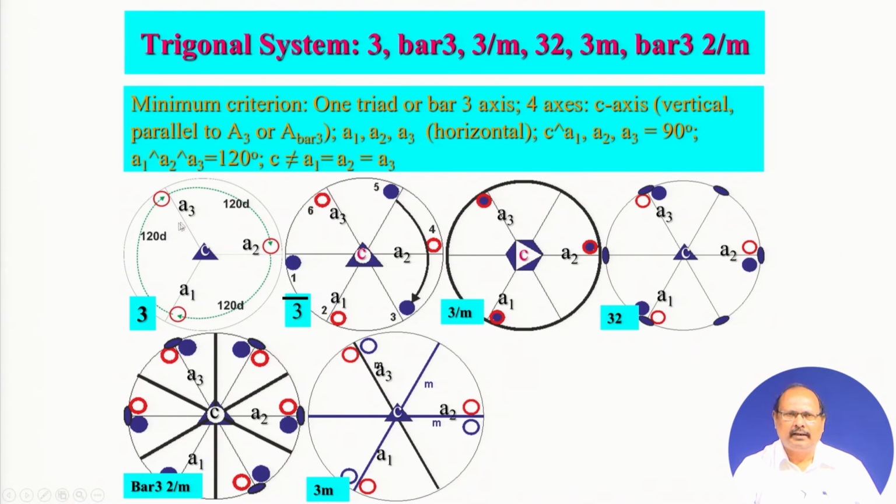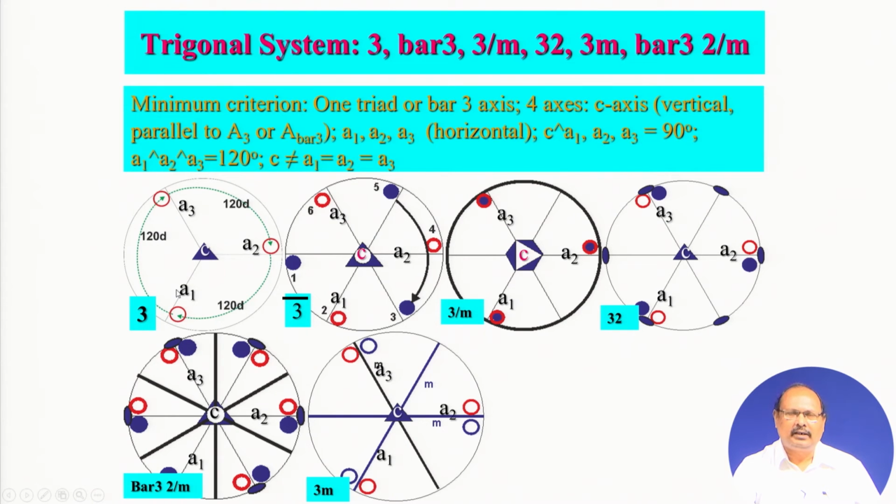So, in this horizontal plane you now can consider 3 crystallographic axes, one of this orientation A1, the other of this orientation A2, and this one is the orientation A3. And because they are related to each other by 120-degree rotation, they are all equivalent axes.